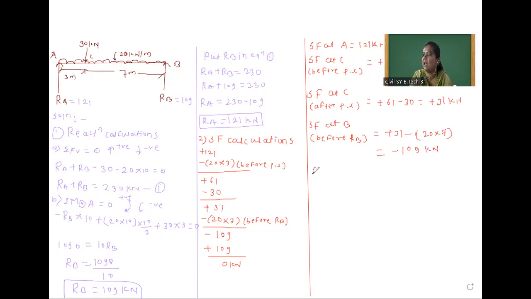Now we will calculate the last shear force at B, but after RB, that means considering the reaction. Which is equal to minus 109, and at B point upward force is there, plus 109, which is equal to 0 kilonewton. So these are the shear force calculations. Anybody having doubt in shear force calculation?